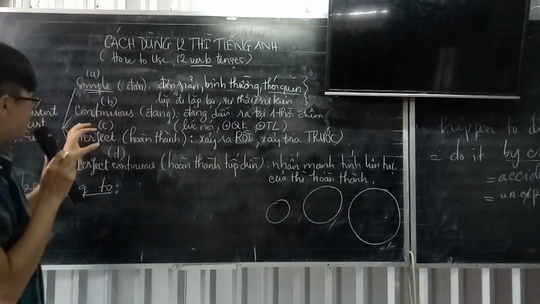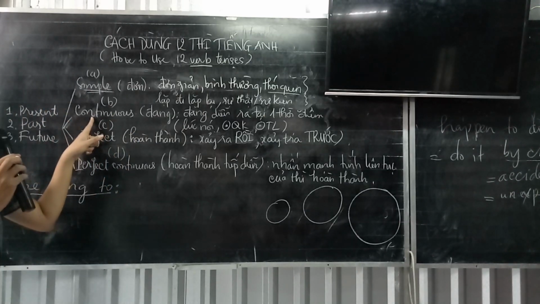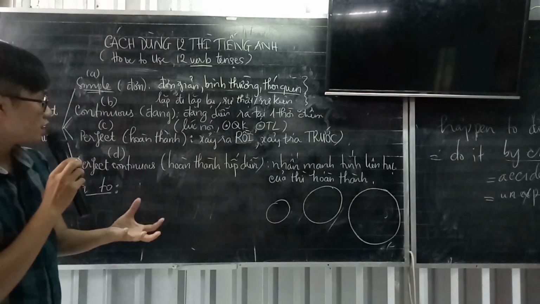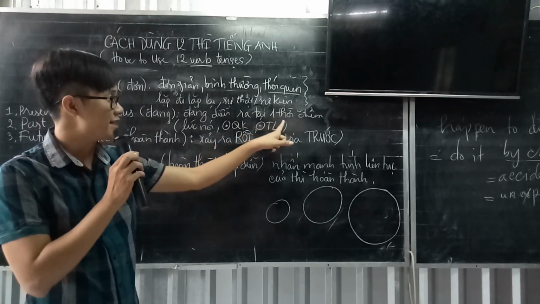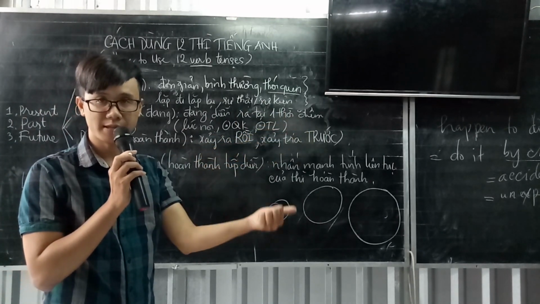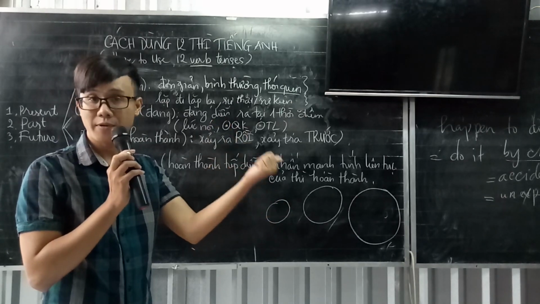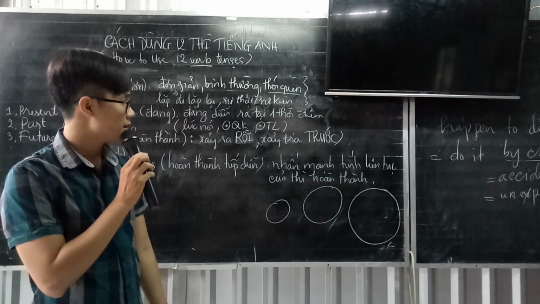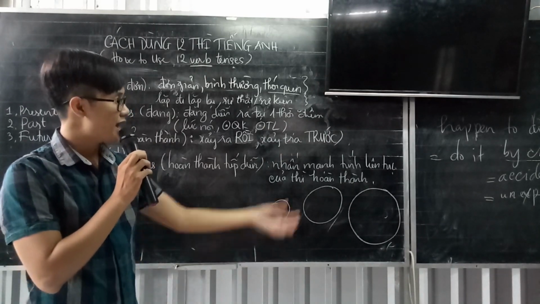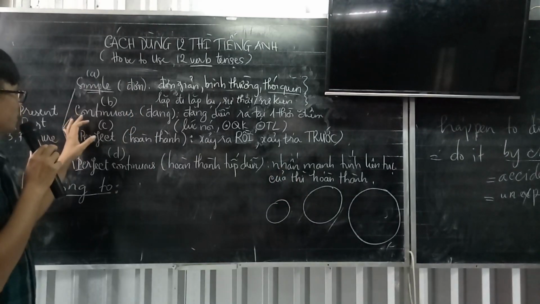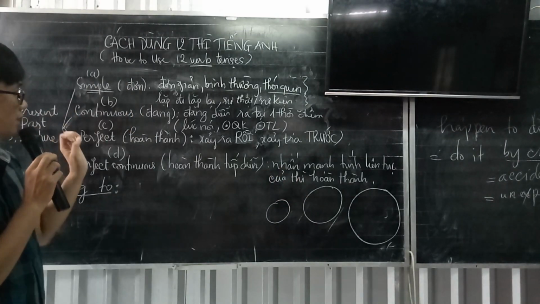So you can use continuous tenses for showing an action which is happening at a certain point at present, in the past, or in the future. Like at the point of present, present continuous.